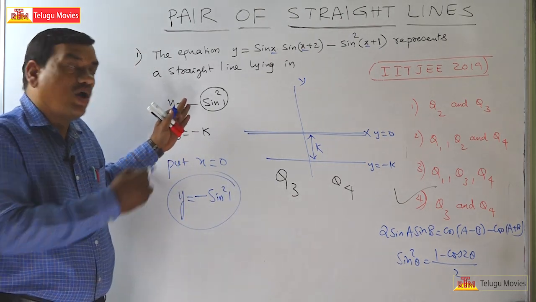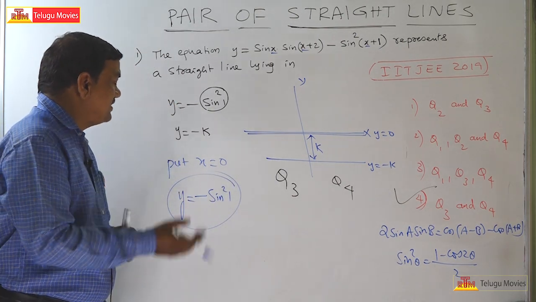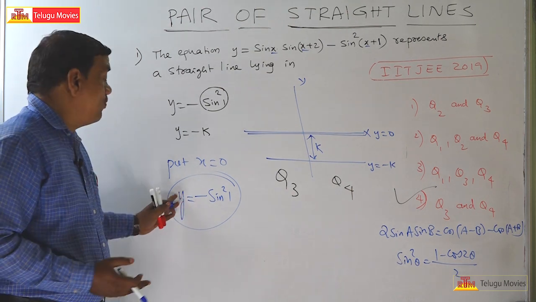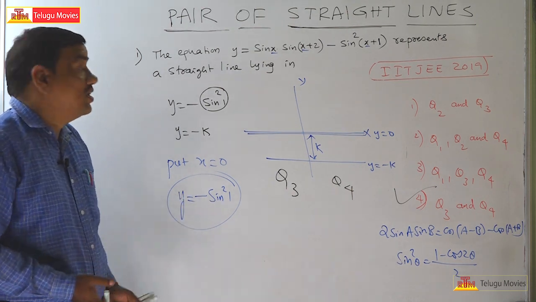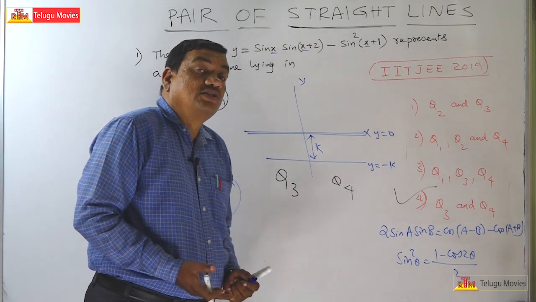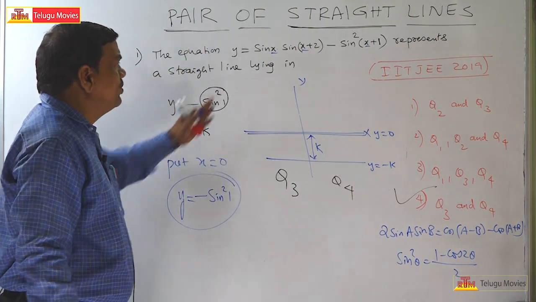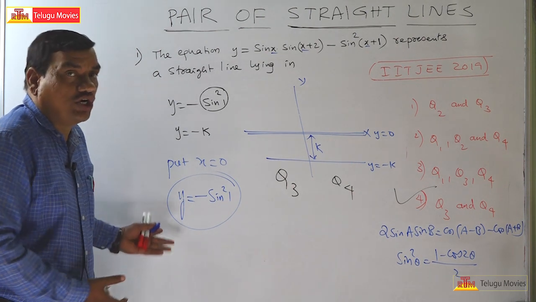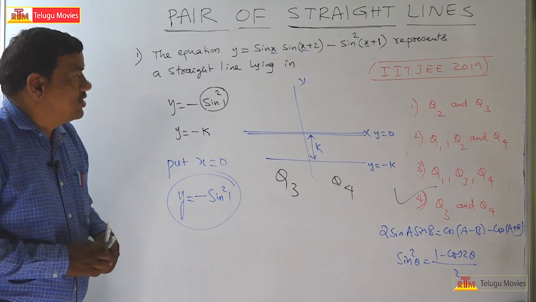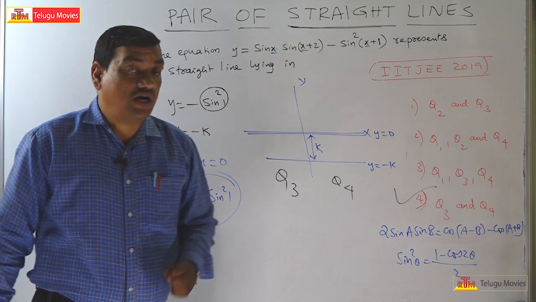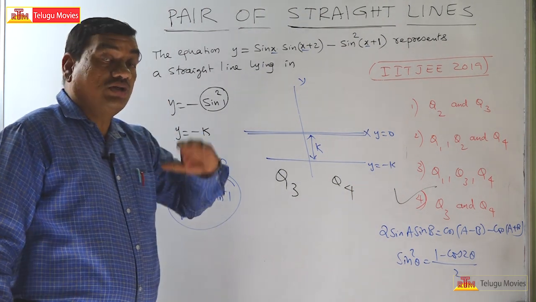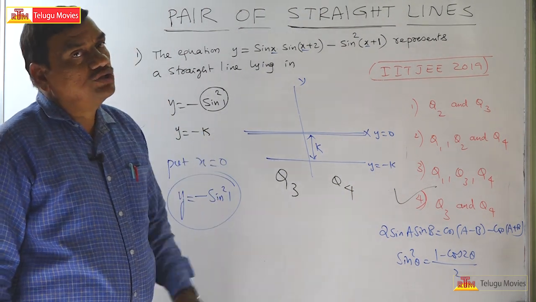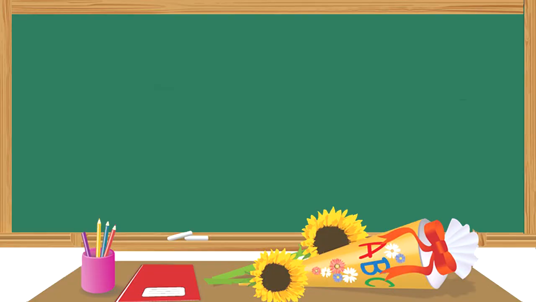So according to our problem also we got y is equal to minus sin square 1. By the short trick formula, y is also minus sin square 1. So the line passes through Q3 and Q4. Just put x is equal to 0 in the given expression, and you will get the short trick form also. Okay, now. I hope that you understand this solution, both the general method and the short trick method. Okay, so let us move to the next problem.